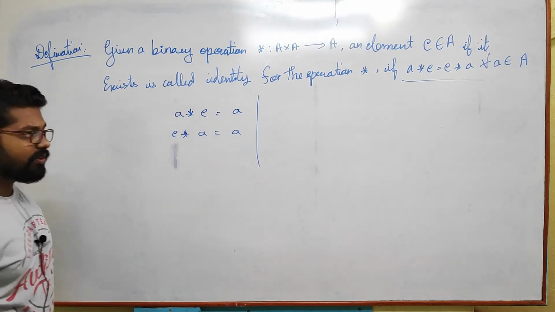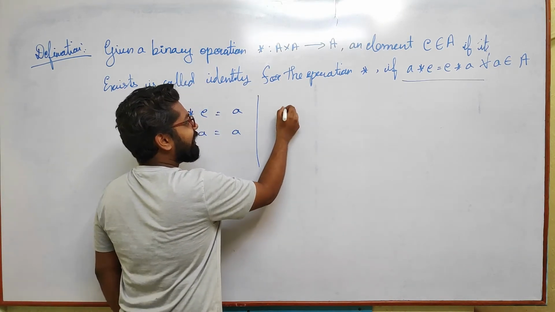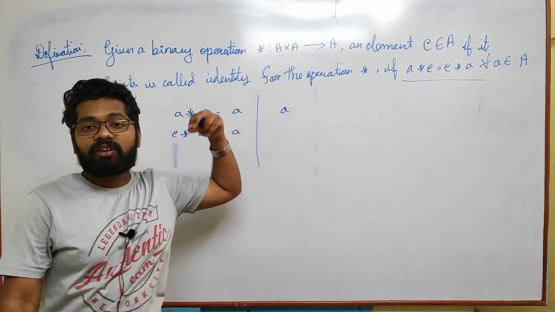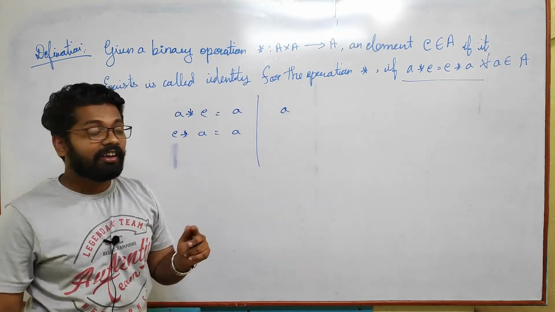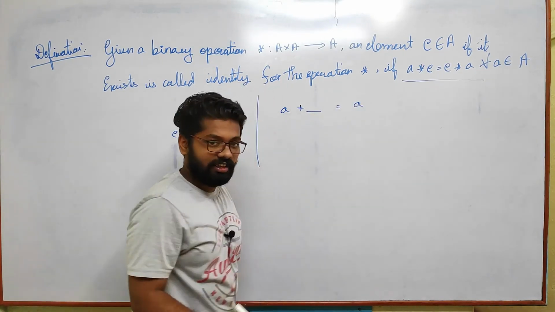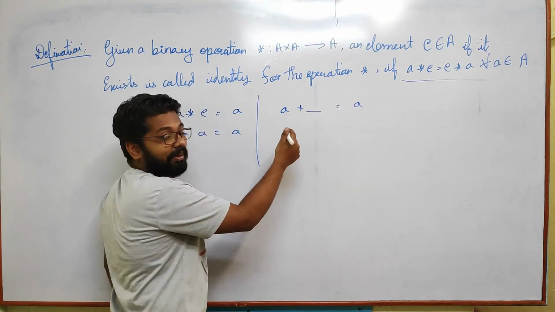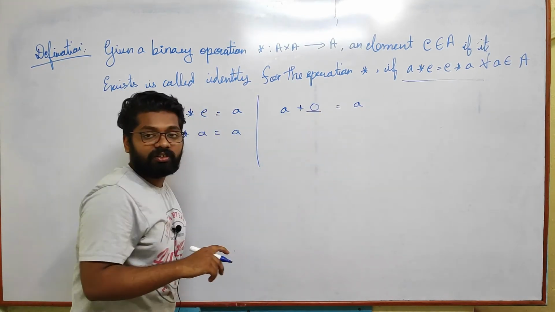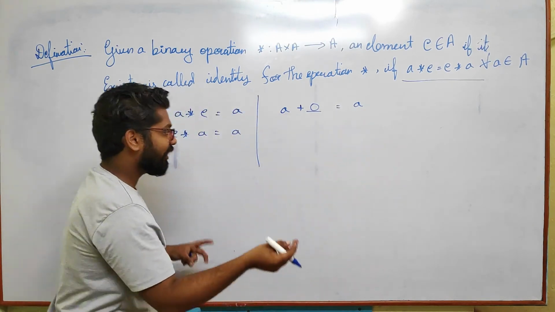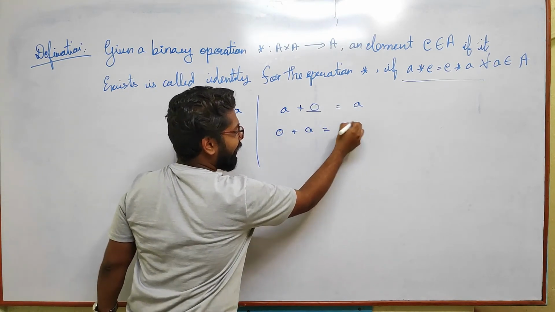Now let A be any number from the set A. Tell me one such number that if I add it to this, my answer should be A itself. 0. So with addition it will be 0. A plus 0 is equal to A itself, and let us check the reverse also: 0 plus A is A itself.